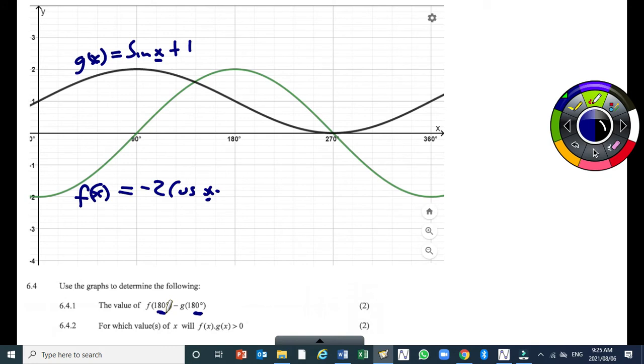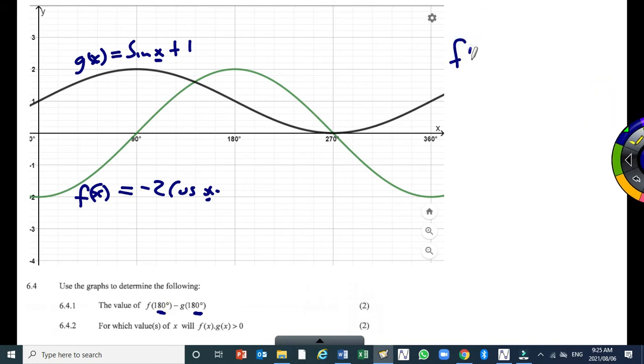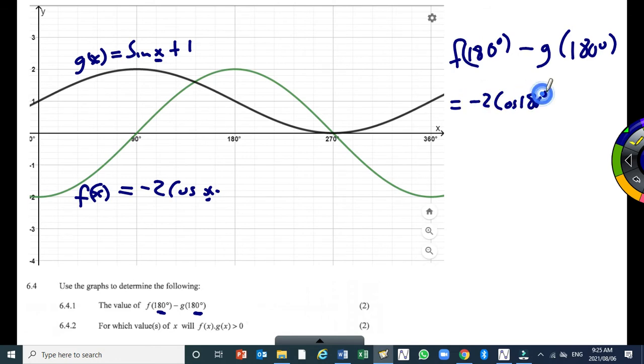If you were to do a calculation, f 180 degrees minus g 180 degrees is going to be equal to, where there is x there, I'm going to put 180 degrees. So we end up having minus 2 cos 180 degrees minus, where there is x there, I'll put 180 degrees, so it will become sine 180 degrees plus 1.